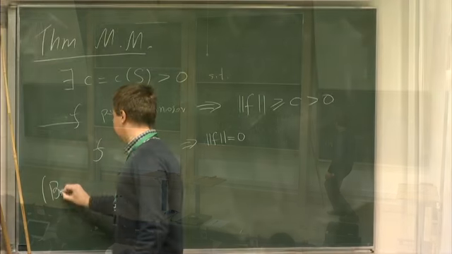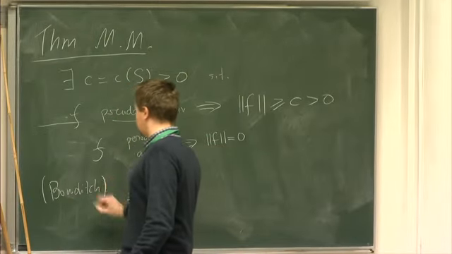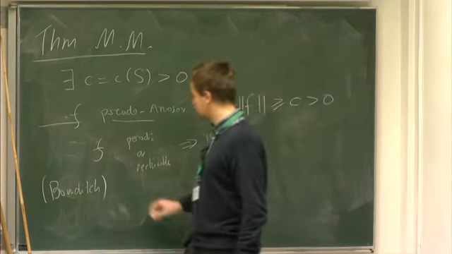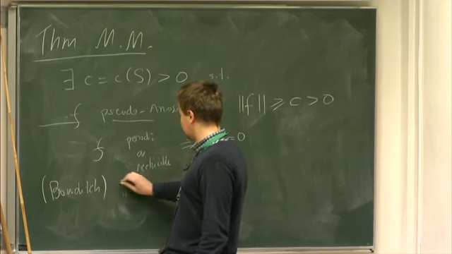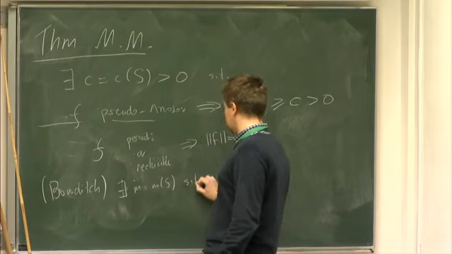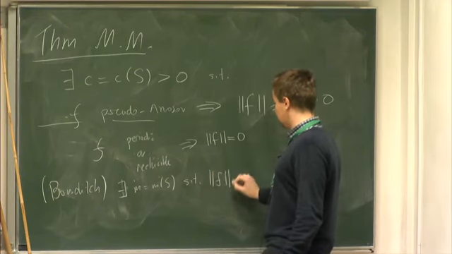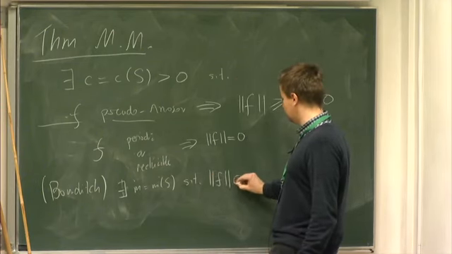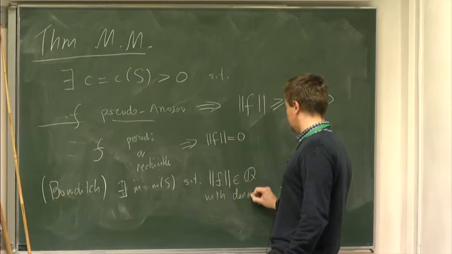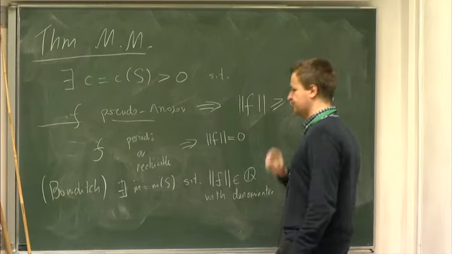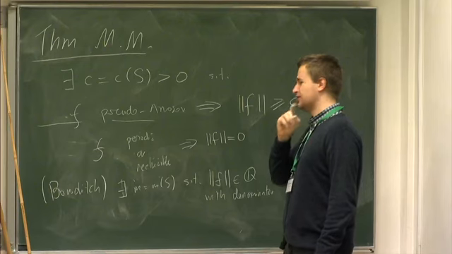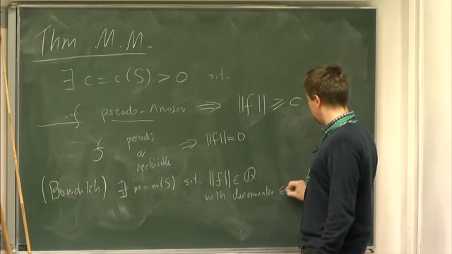Brian Bowditch has a paper where he proves that the action is acylindrical, but he also shows that there is a constant m depending on S, so that this quantity is always a rational number with denominator a multiple of m, I think.